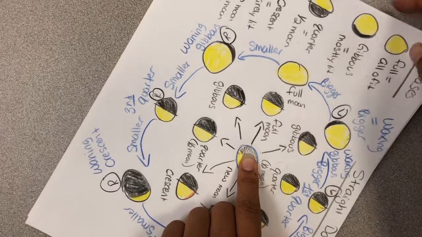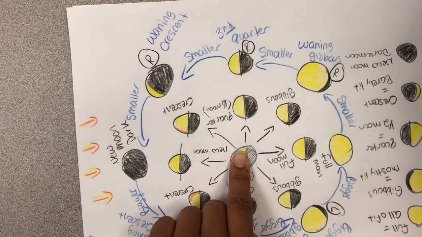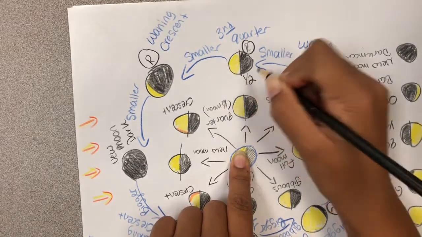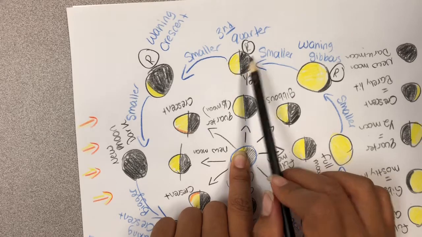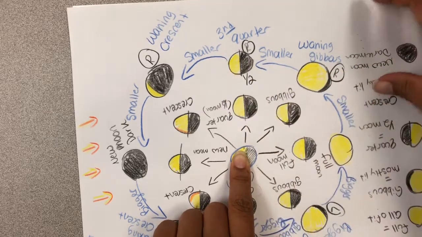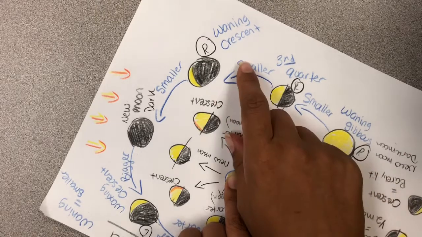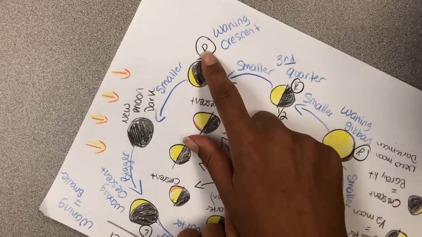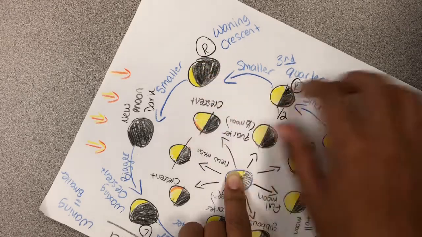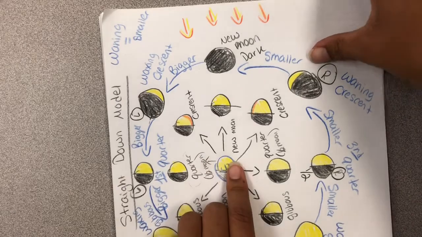Now from Earth's perspective, the moon is getting smaller and smaller till now I can only see half of it, but the right side is the shaded side. That's why it's third quarter. And then it's getting smaller and smaller and smaller till we get to waning crescent, where it's barely lit, but the right side is the shaded side until we get back to our new moon.